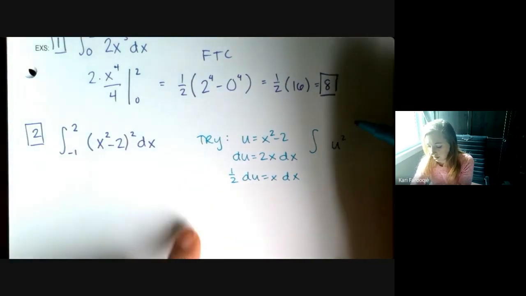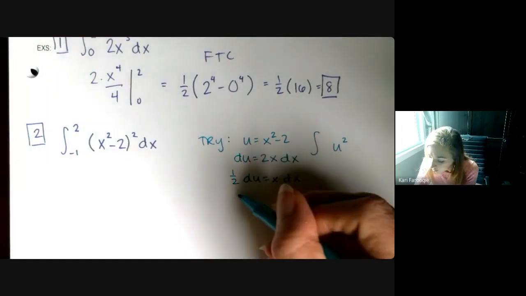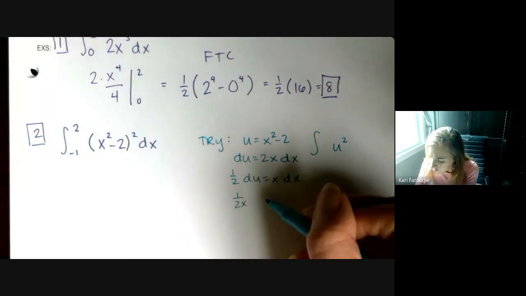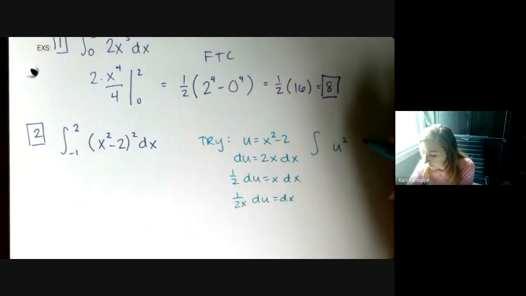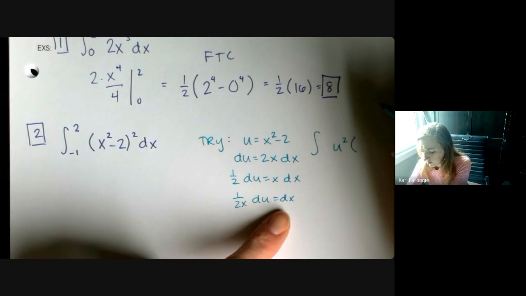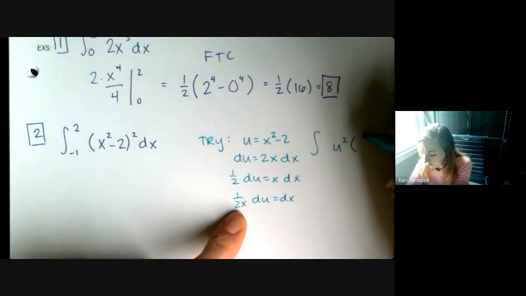How would you sub this out? You can't. What if you try to do this 1/2? It's almost painful to do. It'd be like, oh, okay, I have u squared, dx then would be 1/(2x) du. Oh.